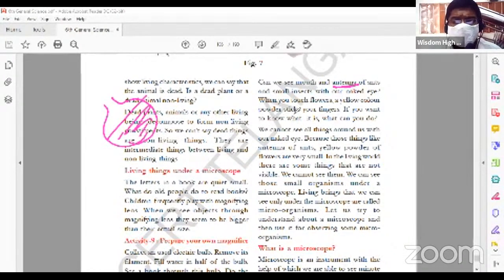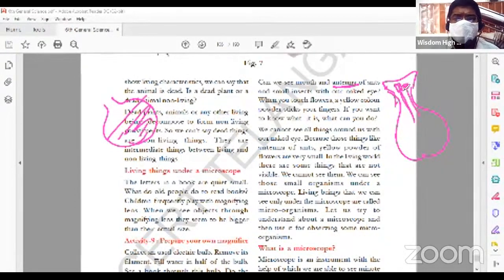Okay, stigma. For example, take a Datura flower. In the stamens, the male reproductive organs, and next the female reproductive organs, the pistil should be present.